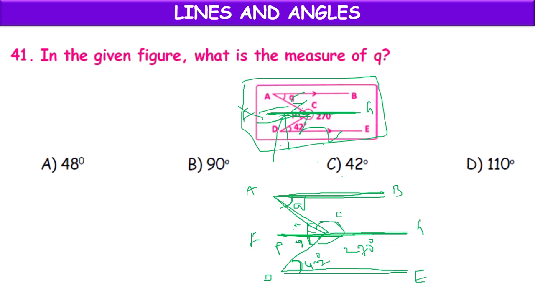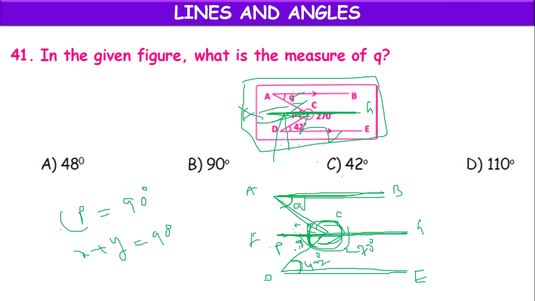But this total part is 270. So angle P equals 90 degrees because this complete angle is 360. Out of 360, if we remove 270, this P part will be 90 degrees. But P part is X plus Y. So X plus Y equals 90 degrees.